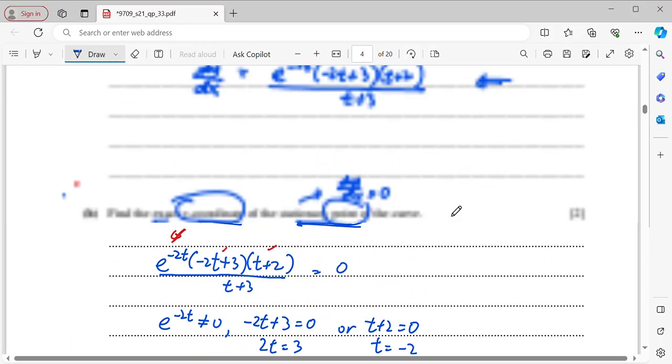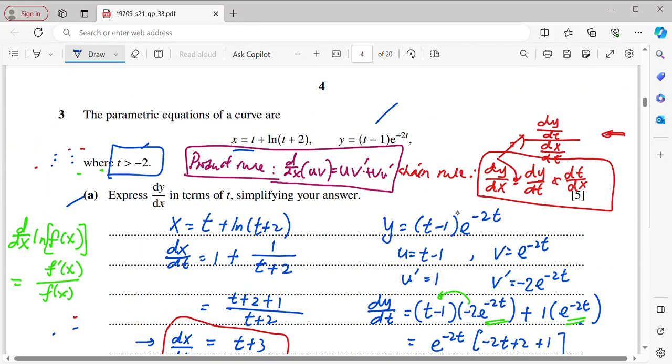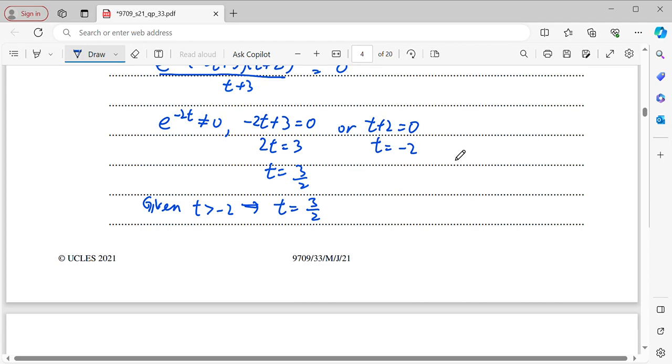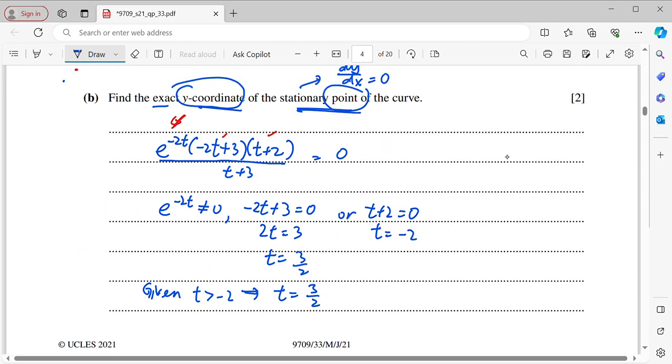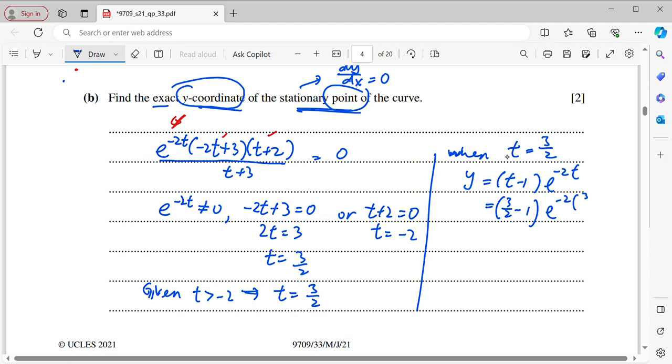Alright, so now after this, just calculate the y. So substitute the t value into t minus 1 exponential -2t. So from here, I will just write when t equals to 3/2, my y is going to be t minus 1 exponential -2t, which means it will be 3/2 minus 1 times exponential -2 times 3/2.